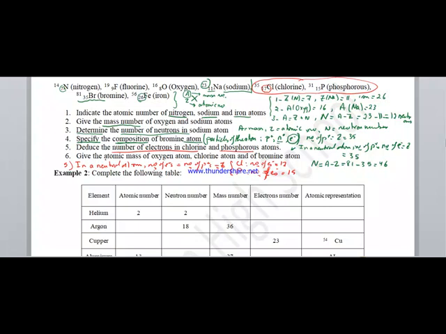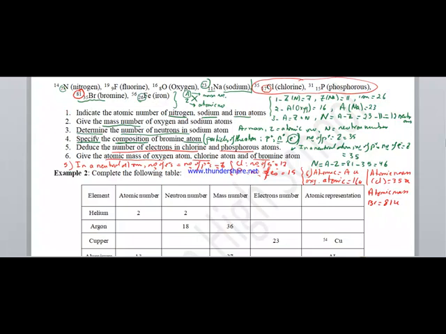To find the atomic mass of the oxygen, chlorine, and bromine atoms, the atomic mass in U is equal to the mass number with unit U. For oxygen, the atomic mass is equal to 16 U. For chlorine, the atomic mass is equal to 35 U. For bromine, the atomic mass is equal to 81 U, which is the mass number.